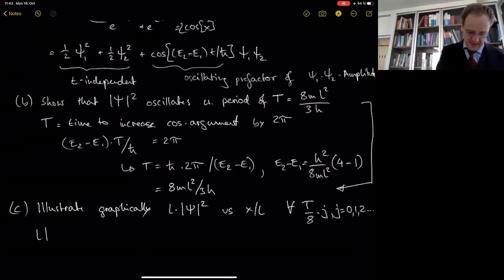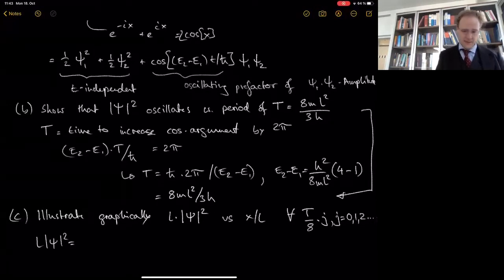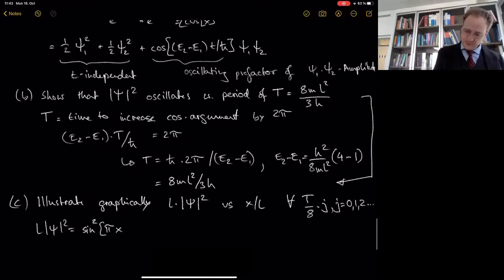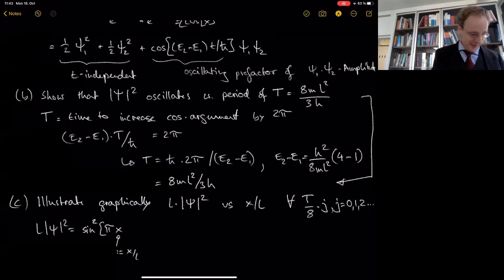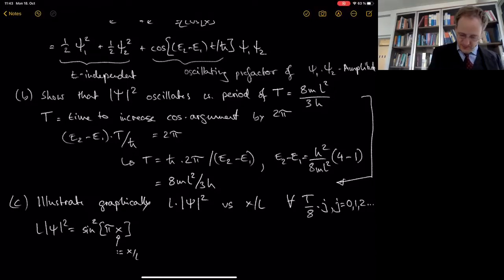So what happens here? What is L psi squared? Well, you put it into your equation here, and you basically get sine squared of pi x, where now this x is a new x, defined as our old x over L. So we sort of normalize this. We plot this like that, or you can call it y as well.